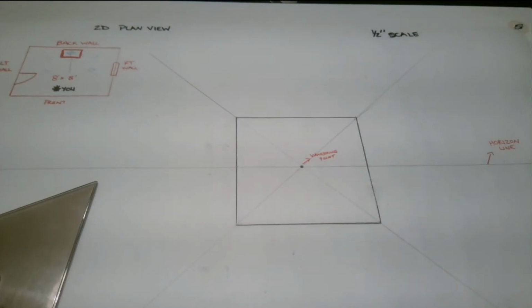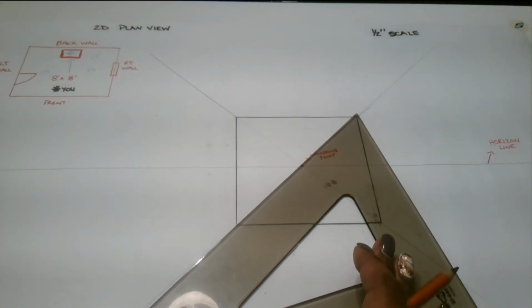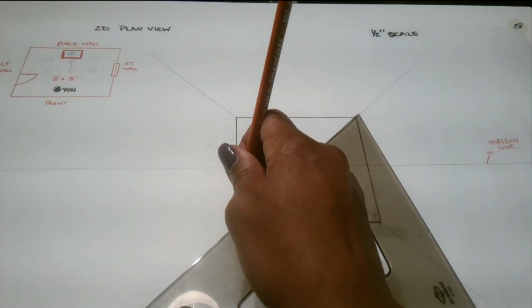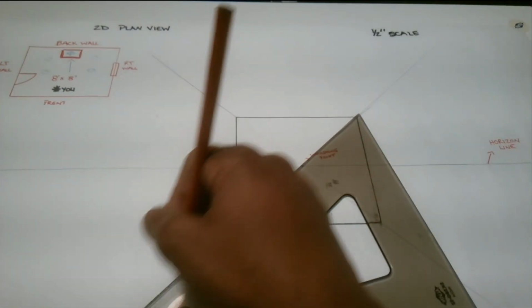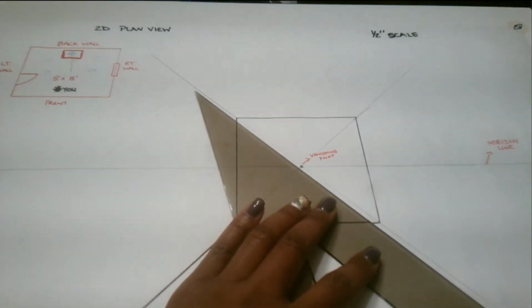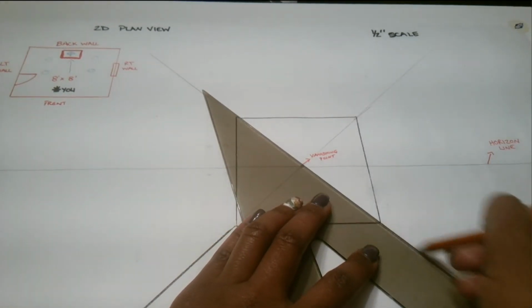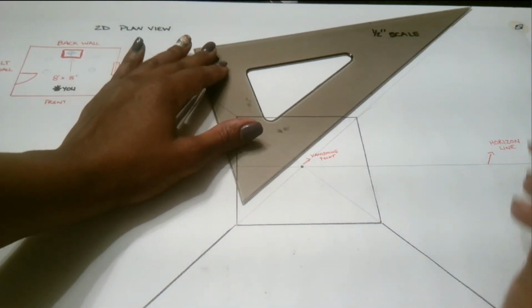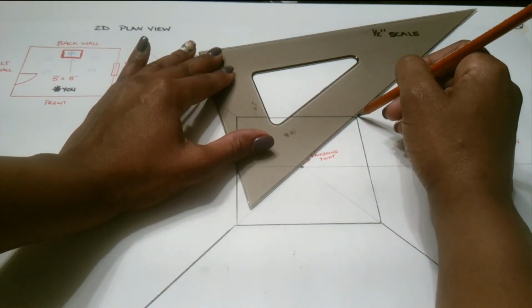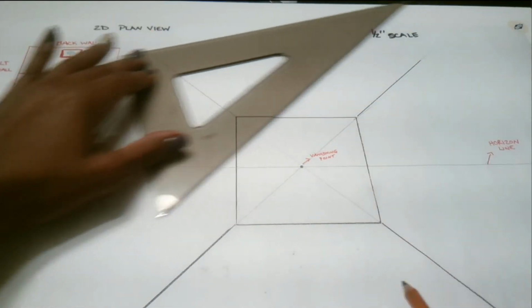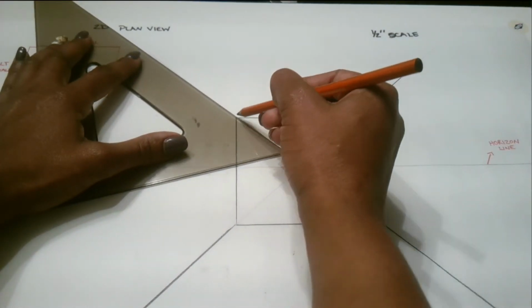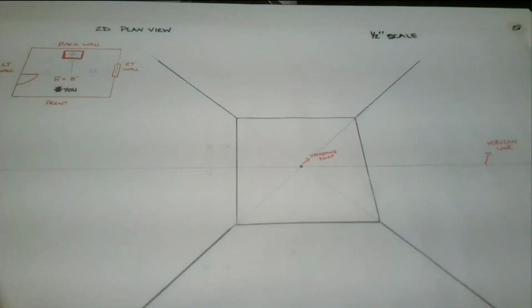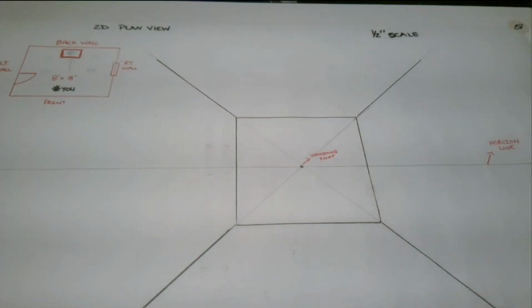If you look closely, what we have now just created is our ceiling and our floor. If I go ahead and darken in the line here, now I have created my floor and my ceiling.